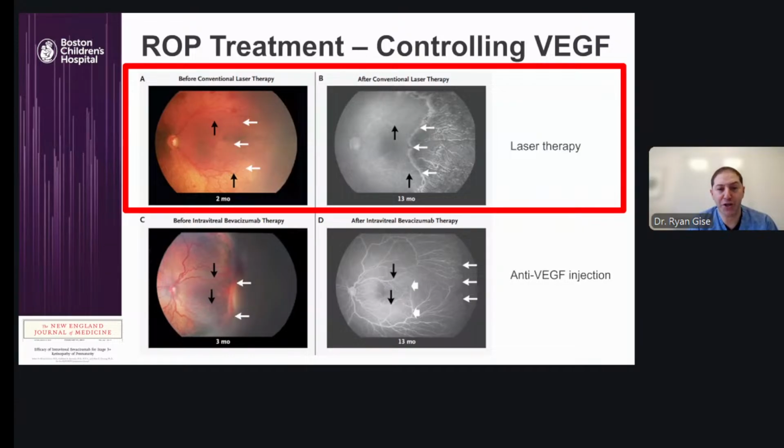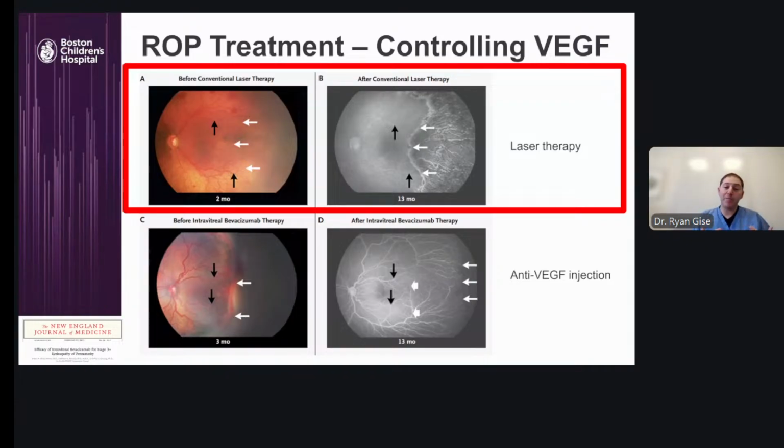This was fortunately a good structural outcome, though, because the retina remains flat, but the level of vascularization is never really going to increase beyond where the laser took place. Versus a child who received bevacizumab, and you can see with the white arrows in the second image, the smaller arrows, that's where the old demarcation line was, and the level of vascularization doubled at 13 months.